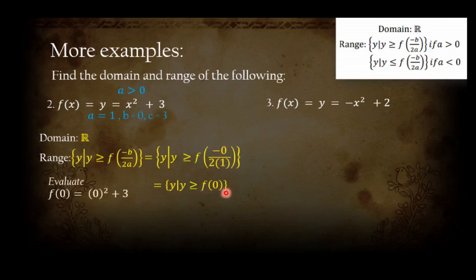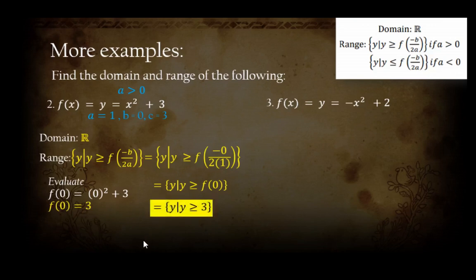And if we evaluate f of 0, we just plug in 0 into the original equation, which is x squared plus 3. Replace x with 0, so we have 0 squared plus 3. Then we simplify: f of 0 equals 3.